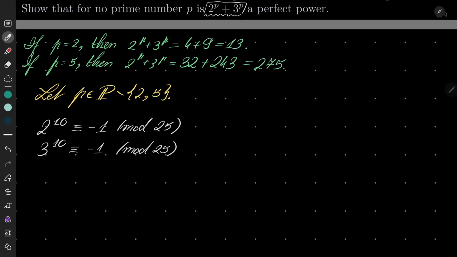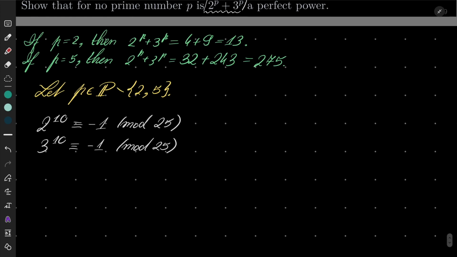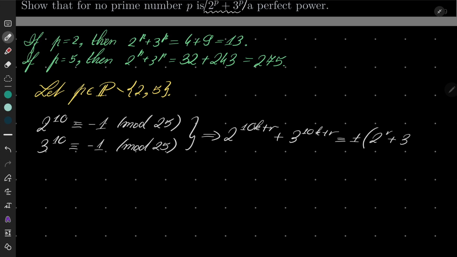So that means that 2 to the power of 10k plus r plus 3 to the power of 10k plus r is congruent to plus or minus the quantity 2 to the power of r plus 3 to the power of r, modulo 25.